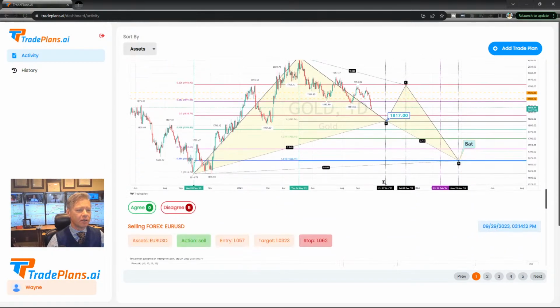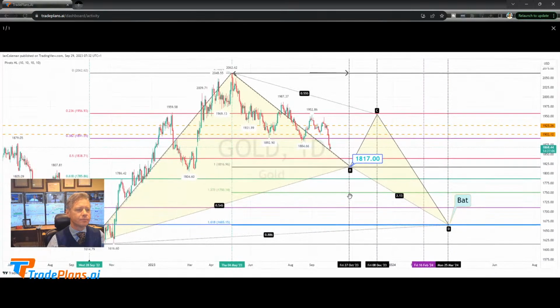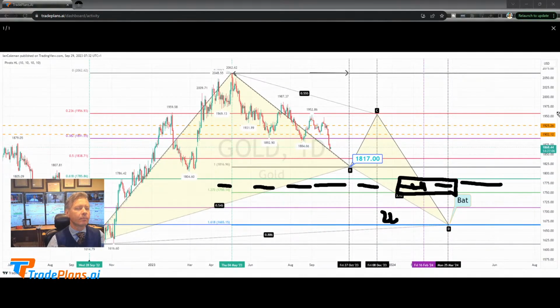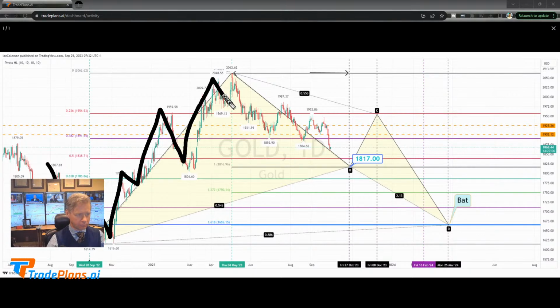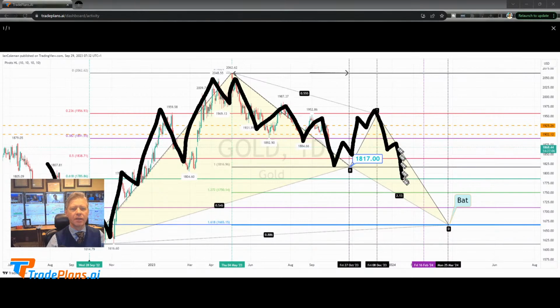This trader selling gold. So they have like a 3-wave correction kind of thing here, and then down.